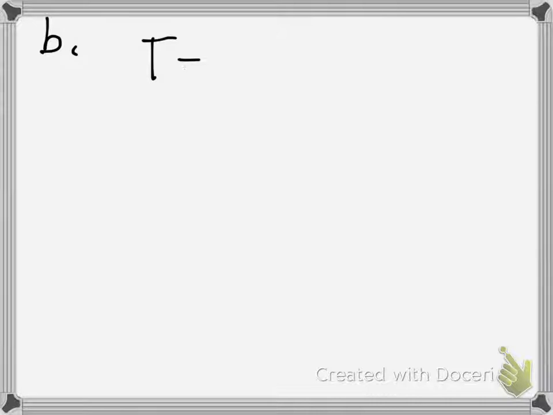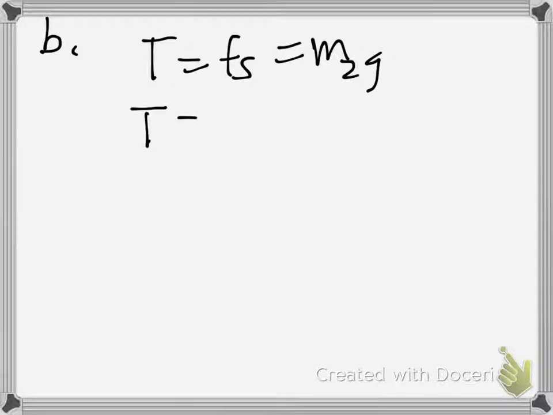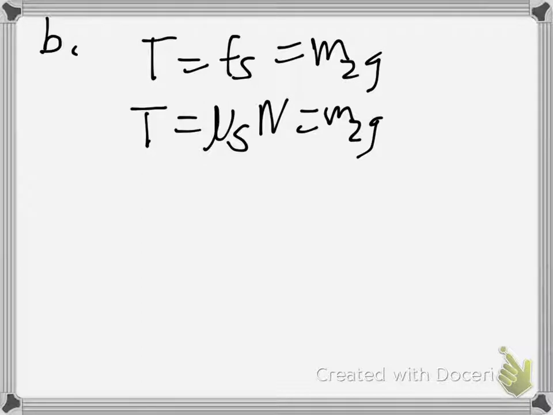So we know that T is equal to Fs, and it is also equal to M2G. Well, what is Fs equal to? It's equal to the coefficient of friction times the normal force. That's equal to M2G. What does the normal force equal?